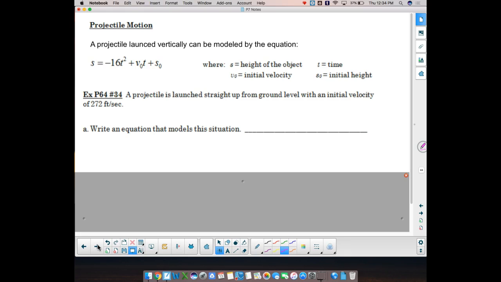Now, there are a lot of things that are told to me in that one single sentence. First off, because we are dealing with feet and feet per second, my height, S, is going to be in feet. So if I'm not in feet throughout the rest of the problem, I've got to convert it into feet in order to use it. Second, this whole 272 feet per second, what is that?